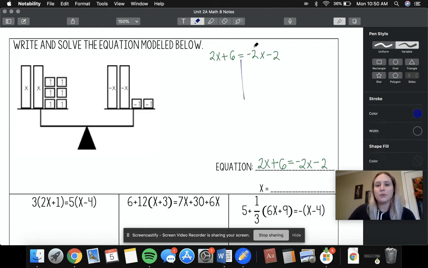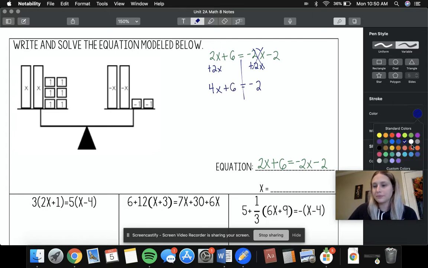Okay, so I'm going to move this negative 2x, and the opposite of a negative 2x is a positive 2x, because a negative 2 and a positive 2 would make a 0, so those x's have now disappeared. So I can drop down the negative 2. I put these on top of each other because 2x and 2x makes 4x. And then I'm just going to drop down the plus 6.